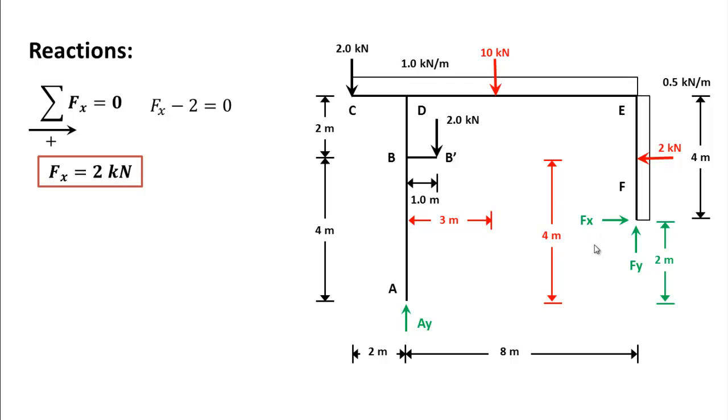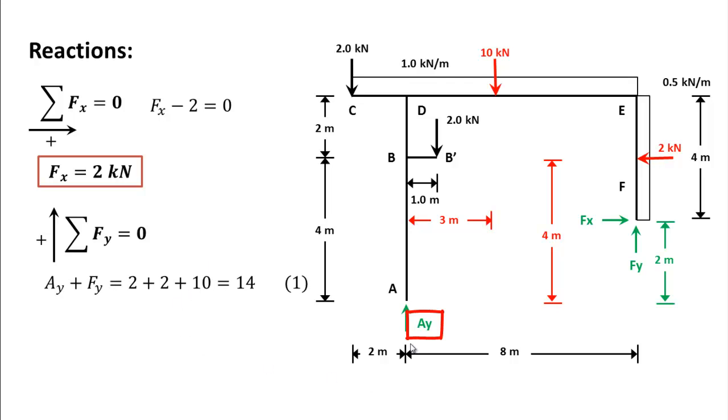So Fx is 2. Now, the summation of the forces in the y direction should be equal to 0. So what do we have? We have Ay plus Fy equals 2 kilonewtons plus 2 kilonewtons plus 10.